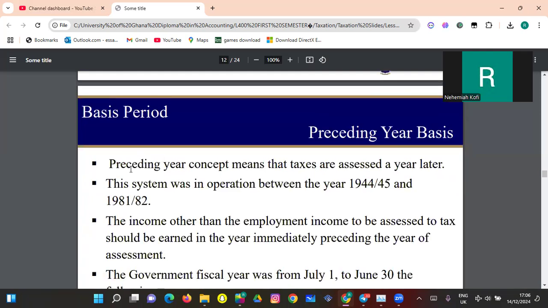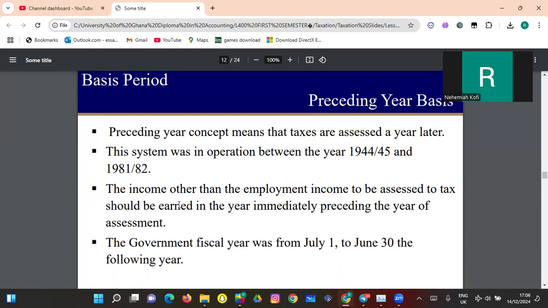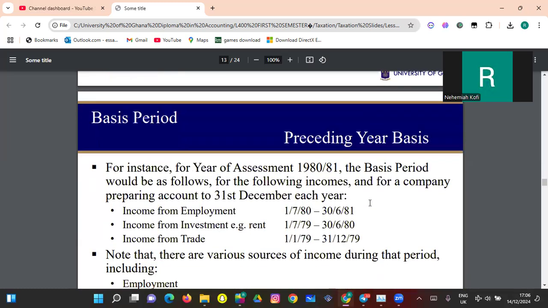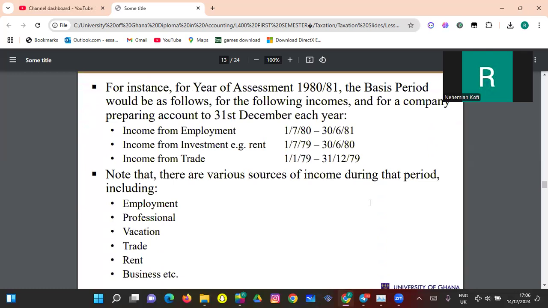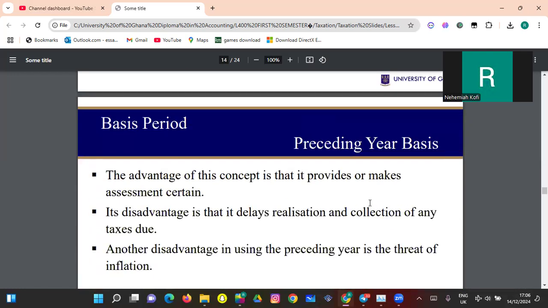So the preceding year concept means that taxes are assessed a year later, right? It was being used between 1944 and 1981. The government fiscal year was first from July 1st to 30th June. That was then, right? And then it was moved to the preceding year.